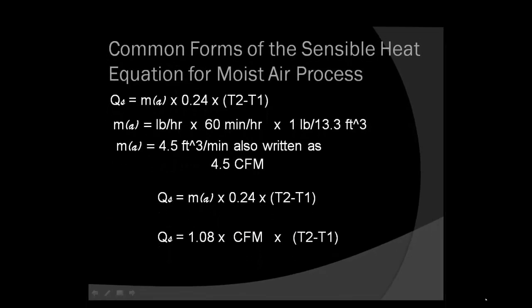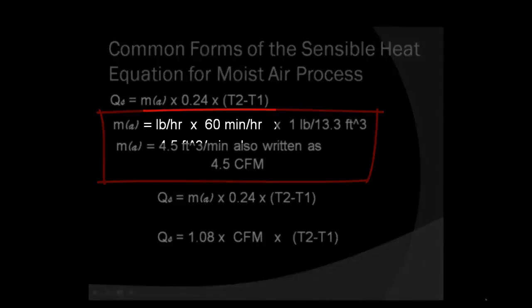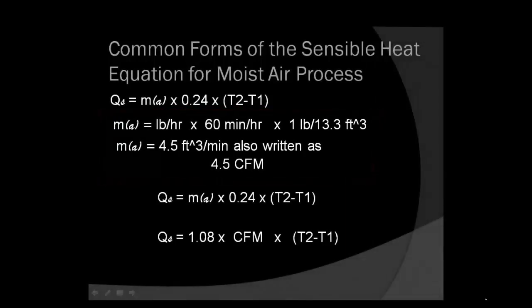Since air conditioning processes typically involve the flow of air, and because most instruments read the airflow in cubic feet per minute, or CFM, another convenient form of the sensible heat equation is often used. The relationship between mass flow rate in pounds per hour and CFM is shown here: pounds per hour times 60 minutes per hour times 1 pound per 13.3 cubic feet of air.